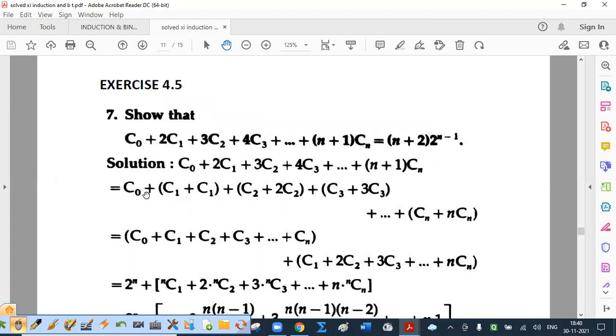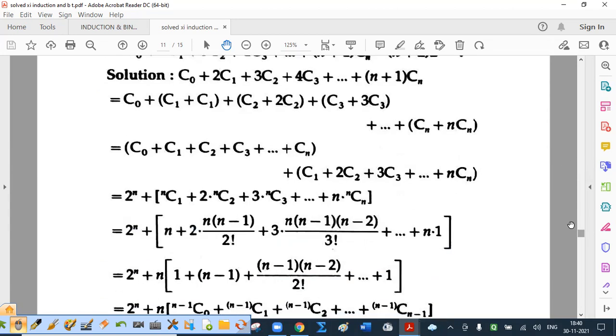Right? Now, C0 plus C1 plus C2 plus C3 up to Cn. I have made two groups. So in the first group, this is sum of binomial coefficients of order n. It is 2 raised to n. Now, this C1 is already considered. This C1 I can write as nC1.